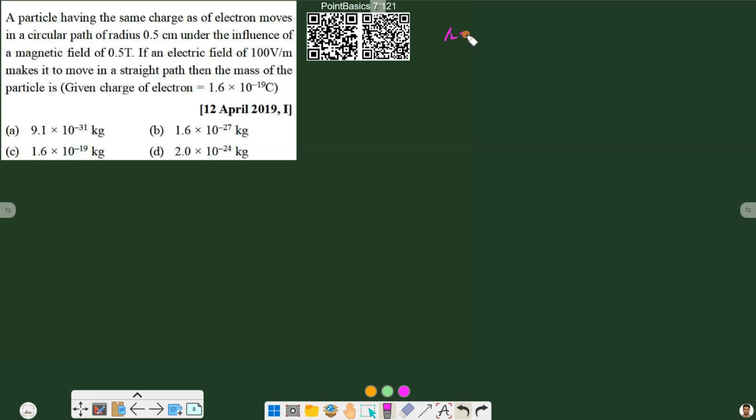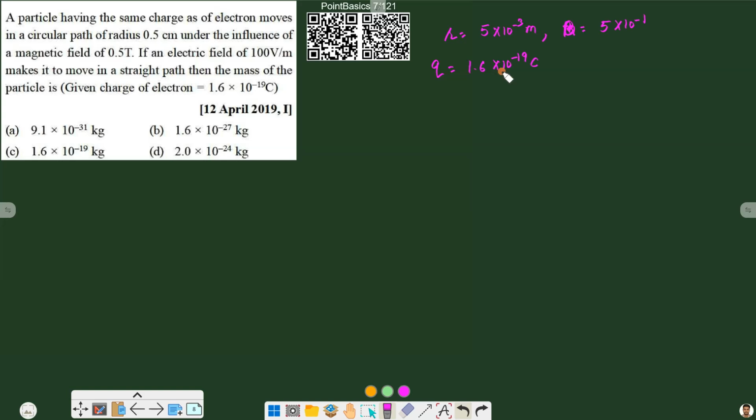Radius is 0.5 centimeter, so 5 into 10 raised to power minus 3 meter. Magnetic field B is 5 into 10 raised to power minus 1 Tesla, and charge is also already mentioned. So charge is 1.6 into 10 raised to power minus 19 coulomb.